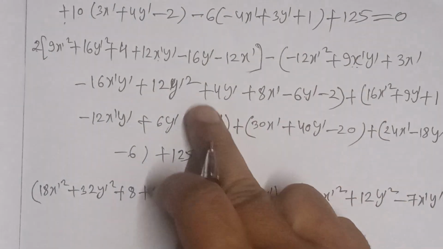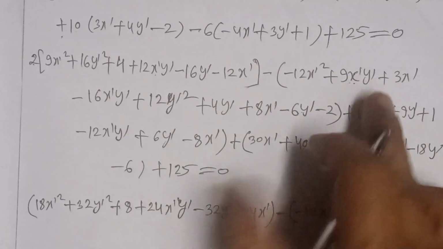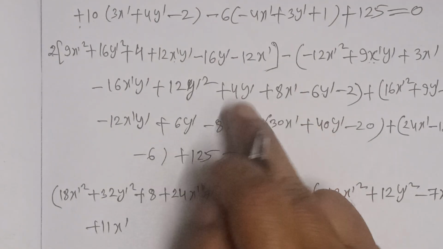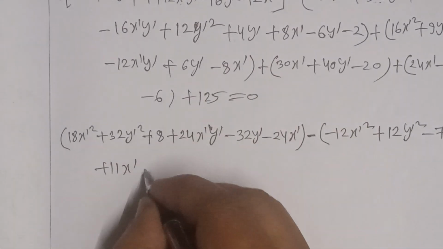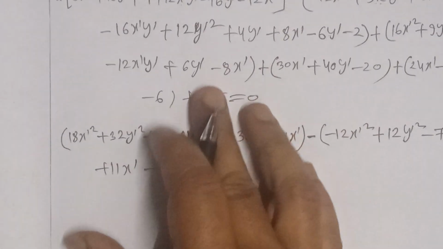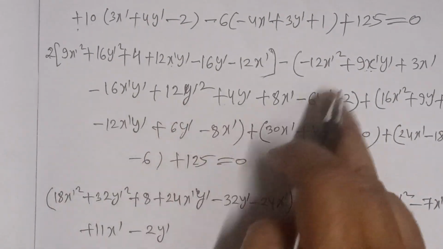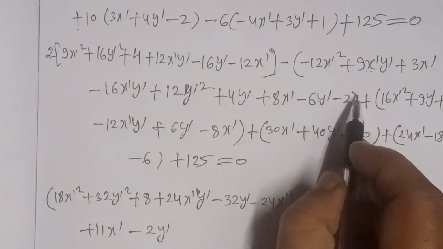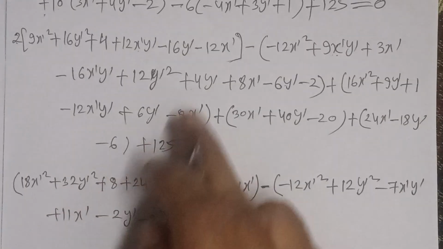Now collect the coefficient of x', we get 11 times x', and also we get minus 2 times y', and collect now the constant terms. Only one term is constant, which is minus 2 here, close bracket.